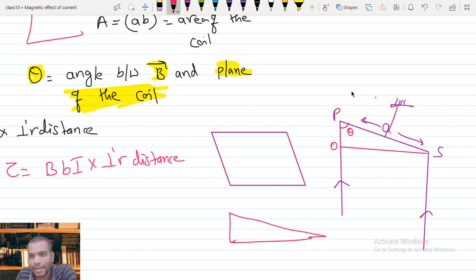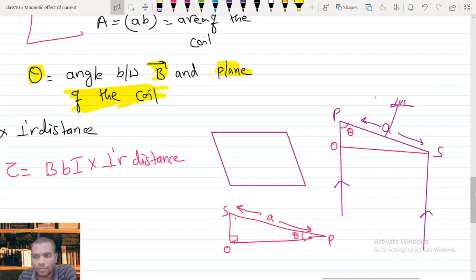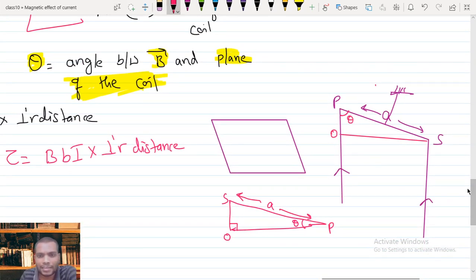Theta is at P, the perpendicular is at O, this is at S, and the PS side is a. So from that, can you give the expression for sine theta? Sine theta equal to perpendicular upon hypotenuse.